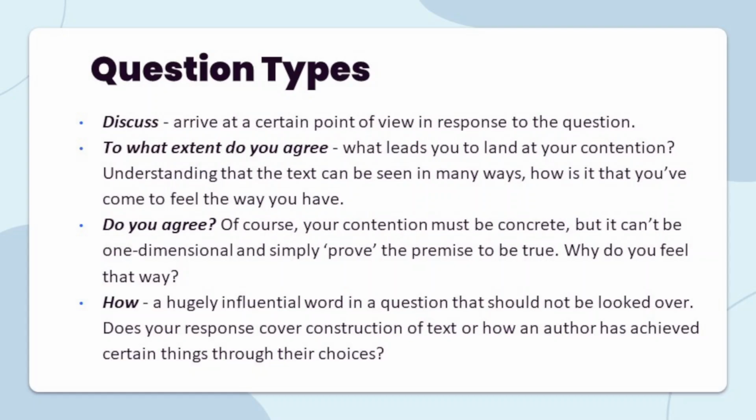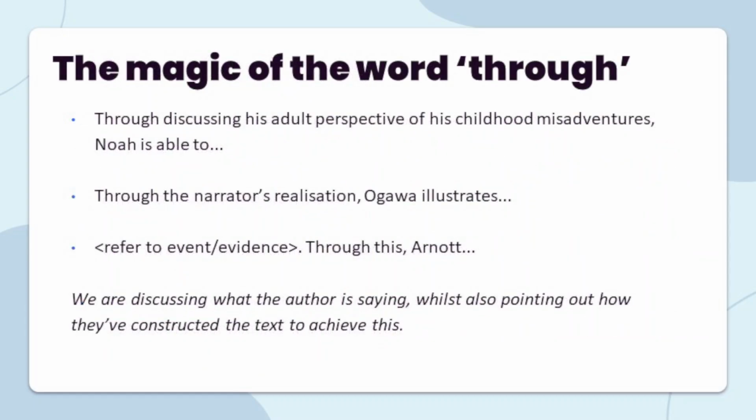Okay, I've got a little bit of a tip here, which is the magic of the word through. So if you can try and adopt the word through, you can again point to how the author has done something. So through discussing his adult perspective of his childhood misadventures, Noah is able to, Noah being the author.